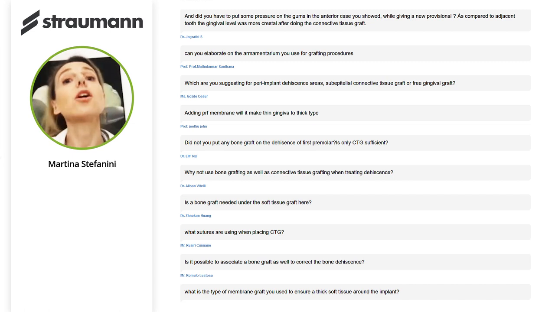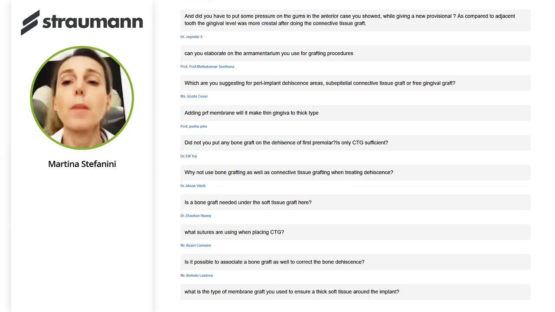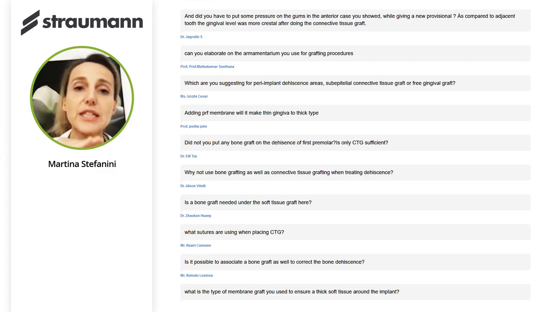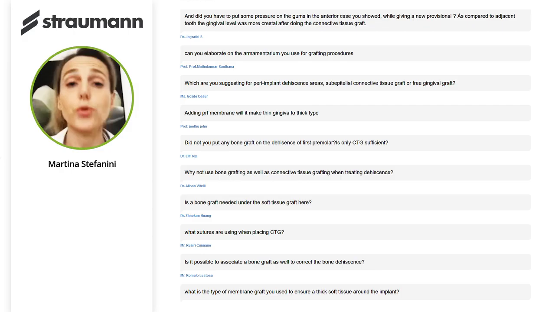My harvesting technique of choice is the free gingival graft because with this technique I'm able to harvest the best quality of connective tissue, because you know that the deeper you go into the palatal aspect, the more fatty and glandular tissue you will harvest.